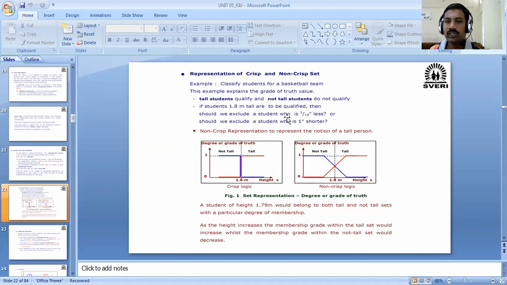Then should be excluded student whose 1/10 is less. म्हणजे त्याच्या जर हाईट पेक्षा 1/10 जर इंच लहान असेल तर आपण एक्सक्लूड करणार आहे. And should we exclude a student who is 1 inch shorter. म्हणजे ते जे काही 1 इंच शॉर्टर आहे त्याला आपण एक्सक्लूड करणार.